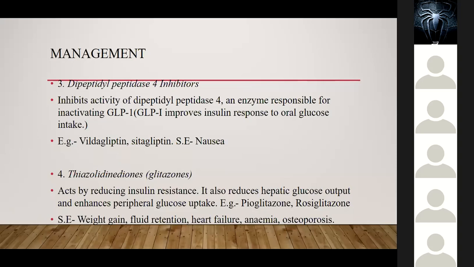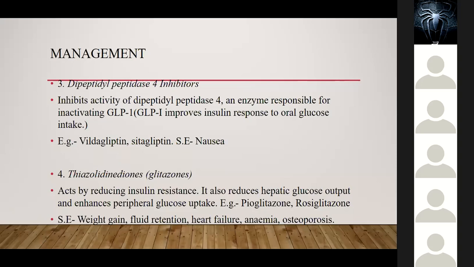So it's good for glucose control. But this enzyme called DPP4 is able to inhibit glucagon-like peptide 1. And when it inhibits the activity of glucagon-like peptide 1, then clearly insulin response will be reduced.